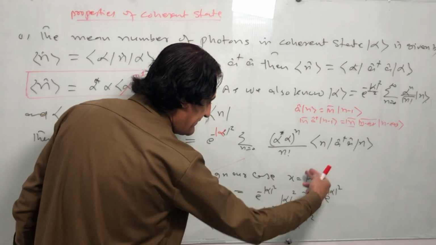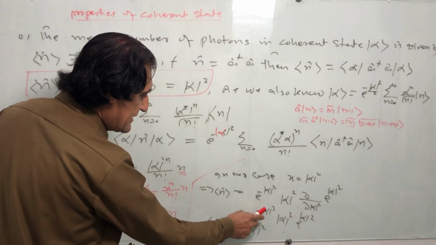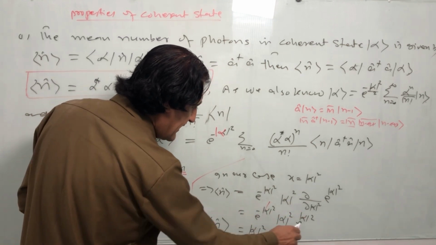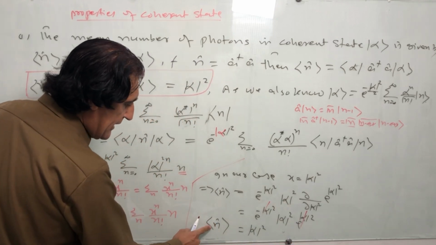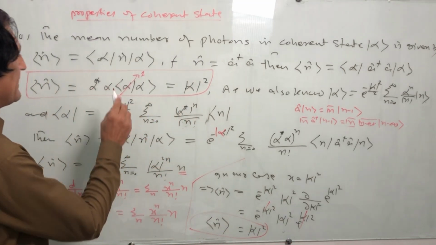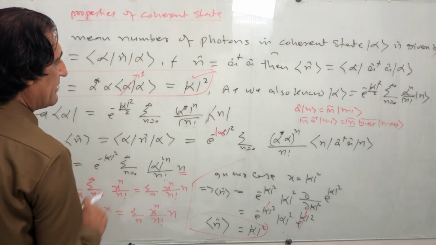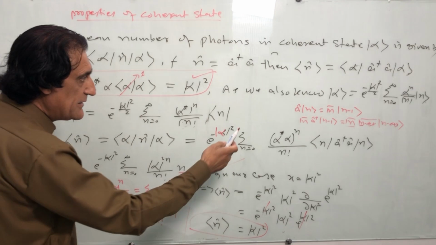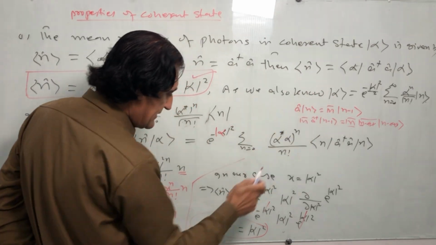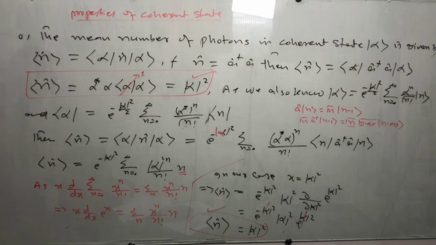If we differentiate, we get |α|², and this |α|² and this can be cancelled out, and still you have |α|². So it means that if we simply take α, you can get |α|². If we properly use the coherent state, then still you have the average number of photons, which is equal to |α|².